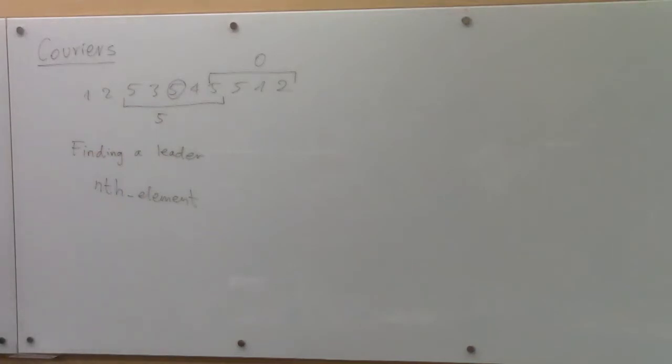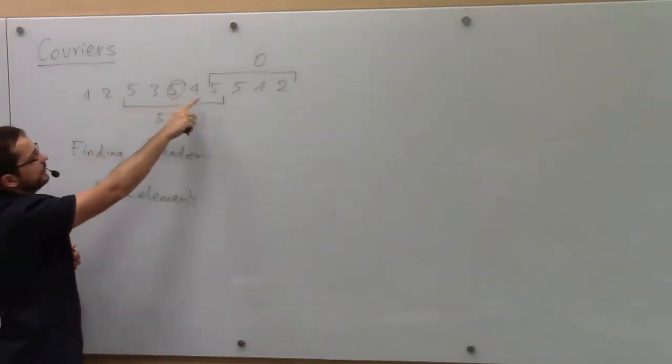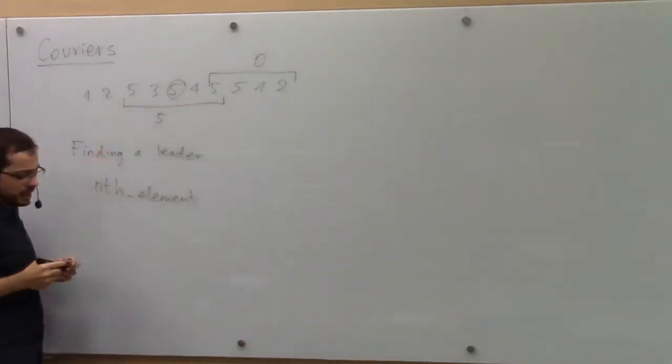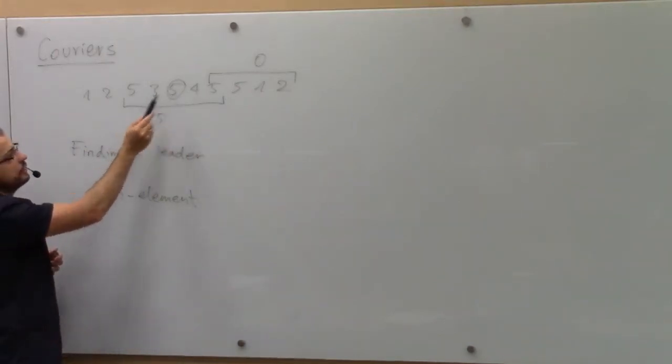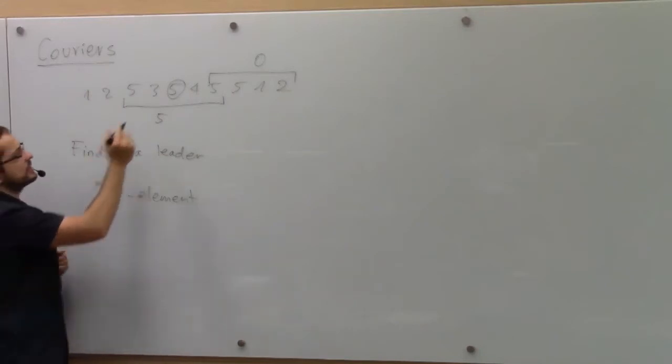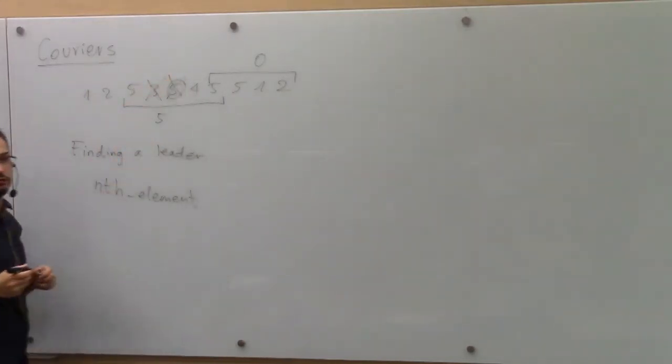So another algorithm for finding a leader is as follows. You have to make one nice observation. Let's say that you have some segment here, and you take two numbers which are different in this segment. For instance, let's say you take 3 and you take 5. What happens if we erase these two different numbers?